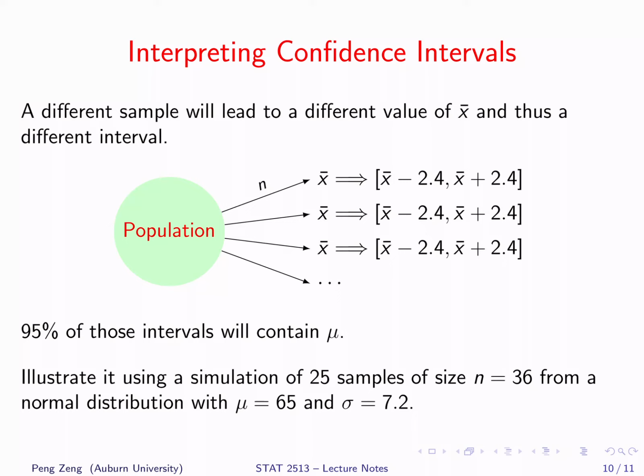We may further illustrate it using a simulation. Let's take samples from a normal distribution with mean 65 and standard deviation 7.2. Of course, the true population mean is unknown. Here, for the purpose of simulation, we assume it is equal to 65. We just want to check whether the confidence intervals can contain the population mean.